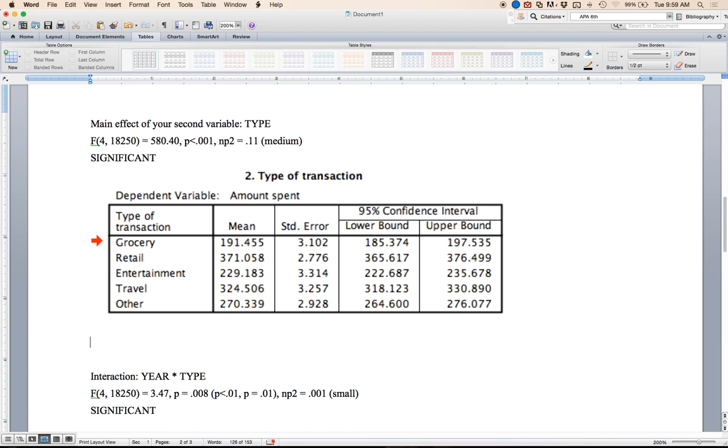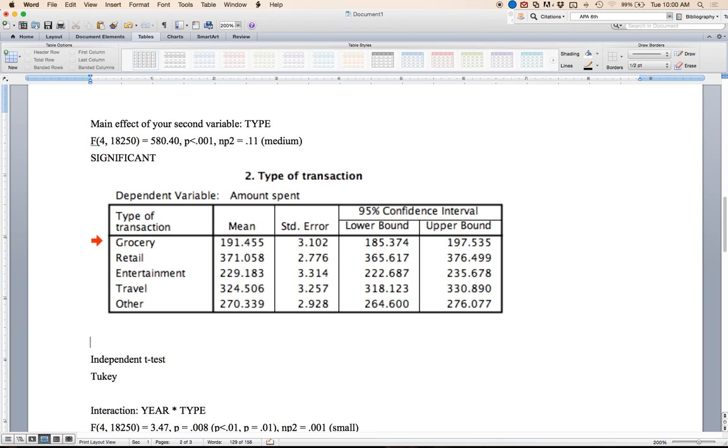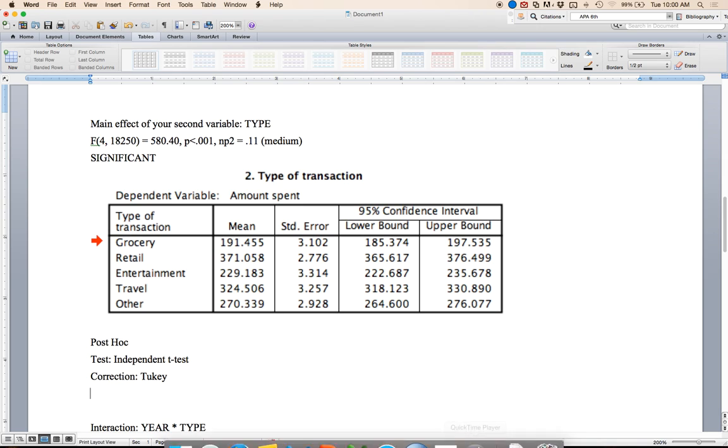If I wanted to analyze this, I would be doing essentially a one-way ANOVA post-hoc. So that would be an independent t as my test, and we pick Tukey as the correction. This would be the test type, and this would be the correction. Fortunately, SPSS does that for me.